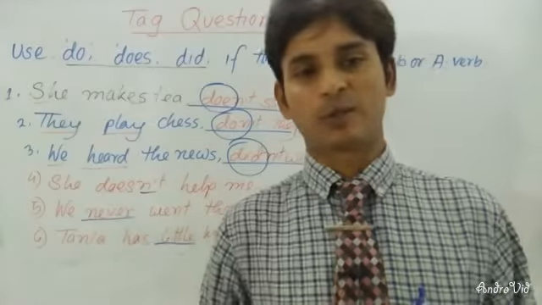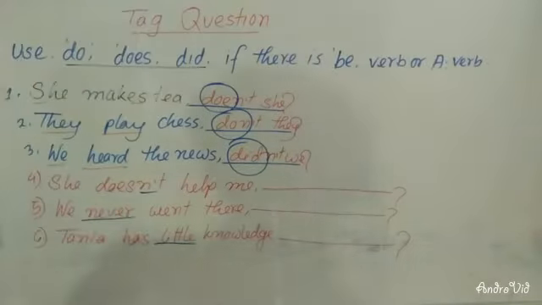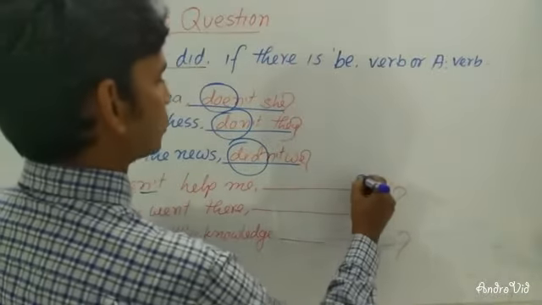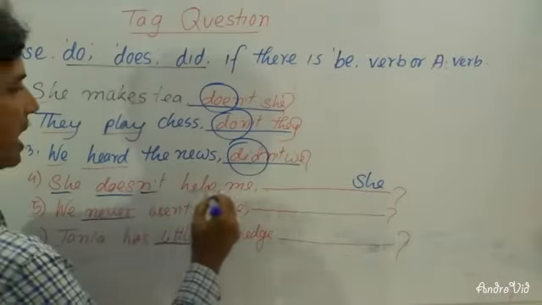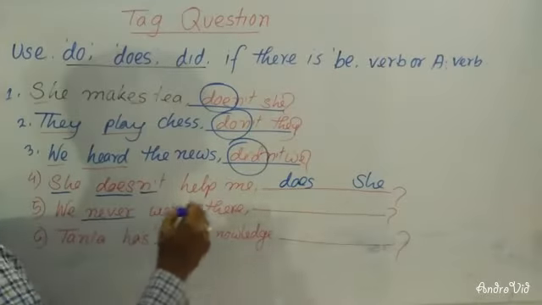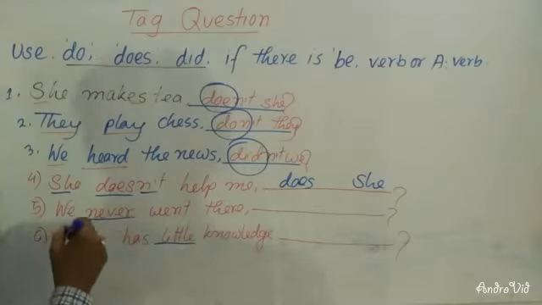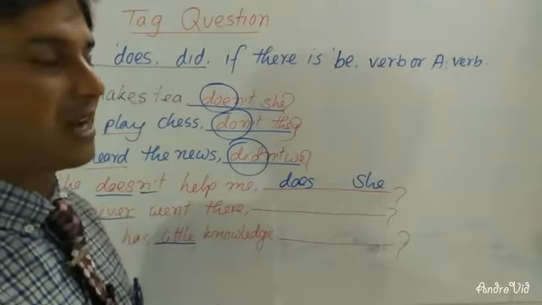Dear learners, try to practice it, and I'm going to help you. The subject is "she", so you'll have to write here "she". Then there is "does", so you'll have to write here "does". As there is a negative word, you will not use "not" here. So "She doesn't help me" will be "does she?"